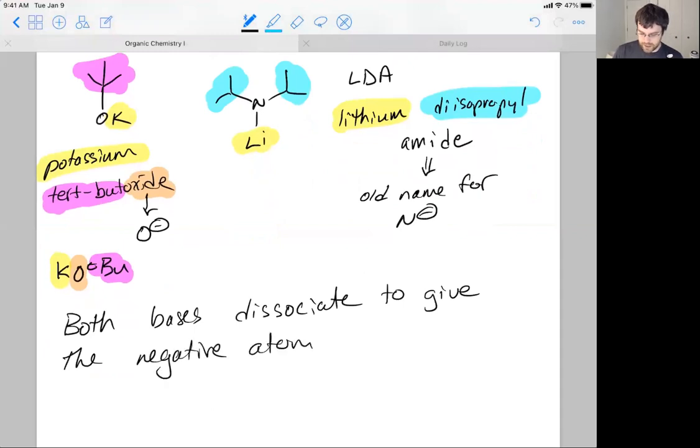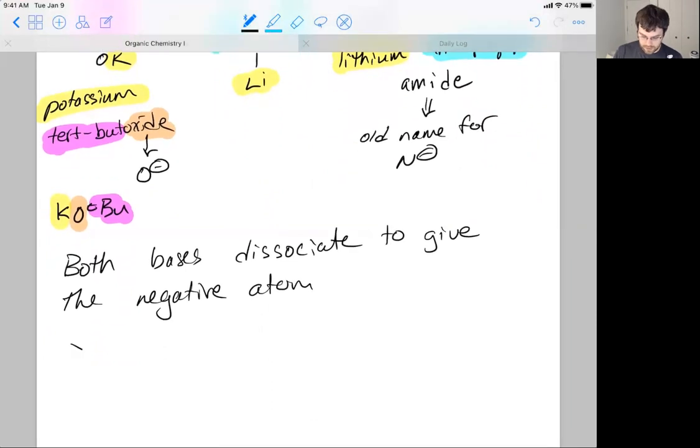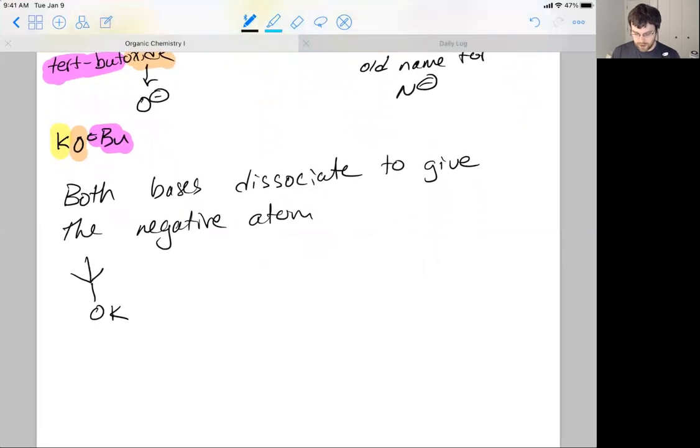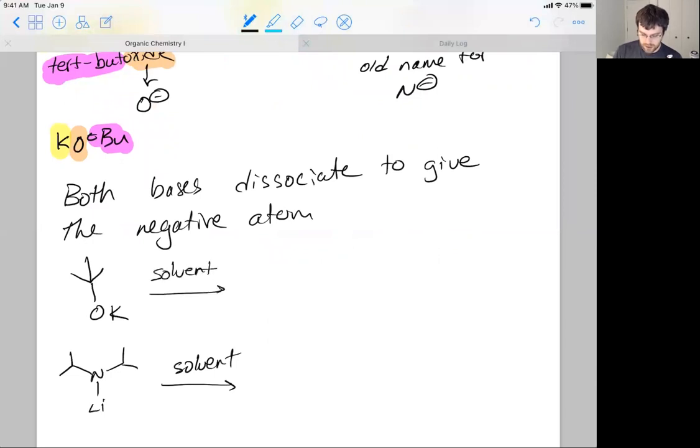That is to say, if I take either one of these molecules, potassium tert-butoxide, which I'm drawing here, or lithium diisopropyl amide, LDA, which I'm drawing here, and we mix these with the appropriate solvent, we're going to see dissociation to form this molecule and this molecule. So we have our O- and our N-.